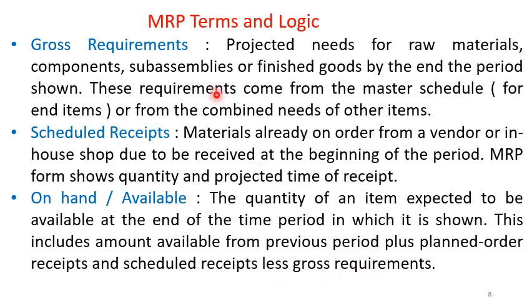For example, you have a gross requirement of, say, 1000 units. You have already ordered 600 units from the vendor, correct? And 400 units you already have from the previous week, on hand with you. So 400 are already with you, and 600 you have ordered and will be receiving by tomorrow or the day after.